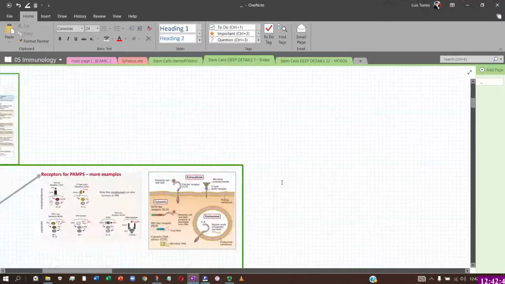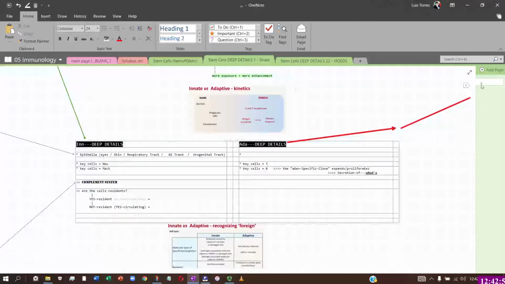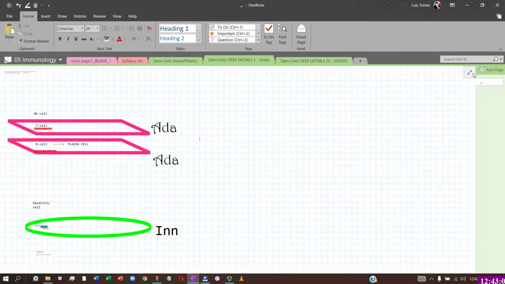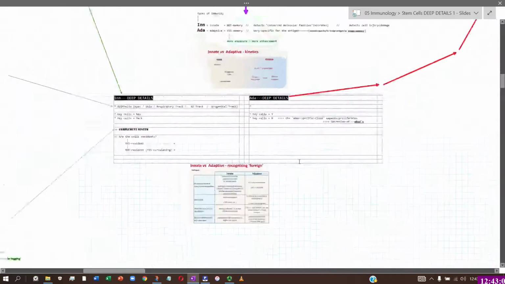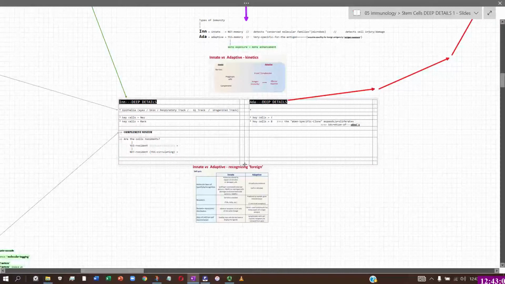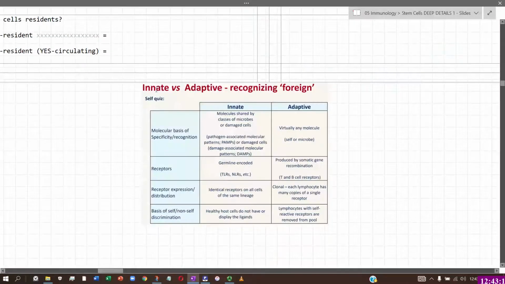All right, so getting back to this chart, I would like to reiterate that here is where exists the epicenter of all of the information and how things are tied together. Here you have the answer to this self quiz that asks what is the innate versus the adaptive.